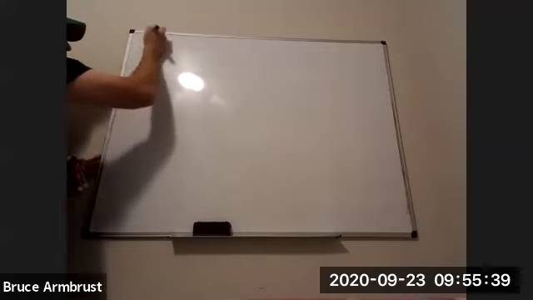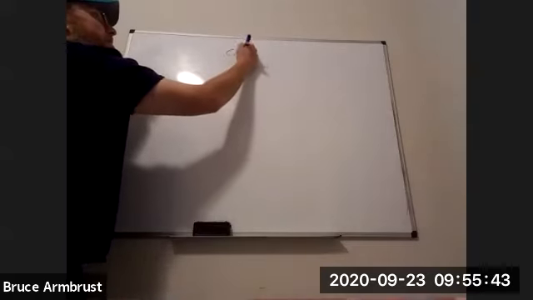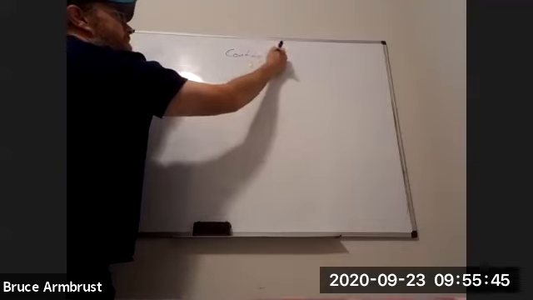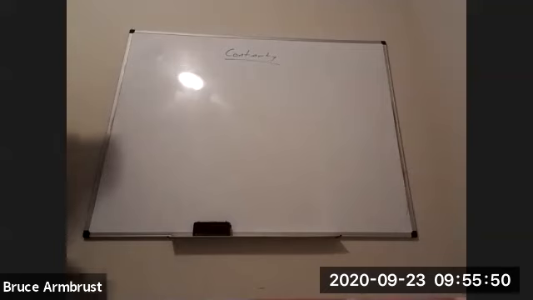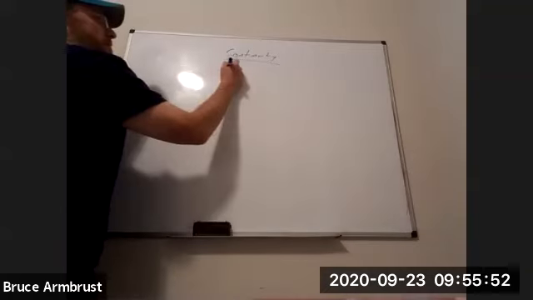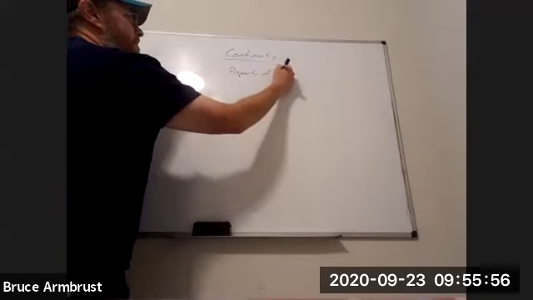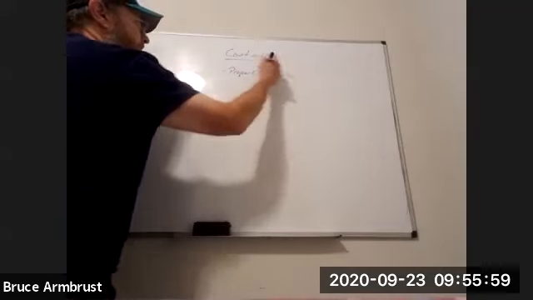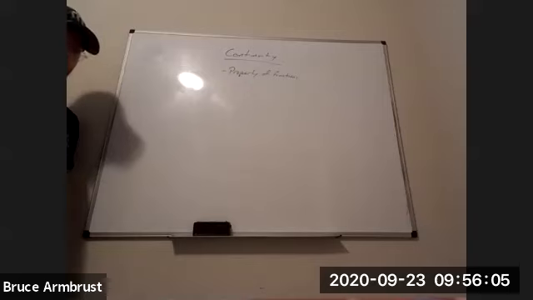So continuity. When we talk about continuity, this is a property of functions. So functions are either continuous or not continuous. It's kind of like all sorts of other properties. You either are or you aren't.